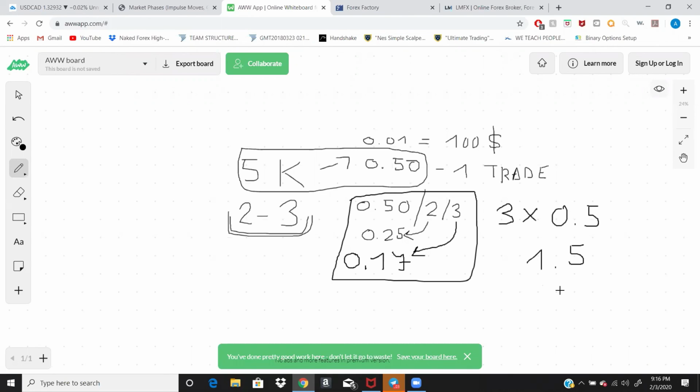So if your stop loss is 50 pips, you're risking $750 from your account. You're risking 750 if your stop loss is 50 pips from here.